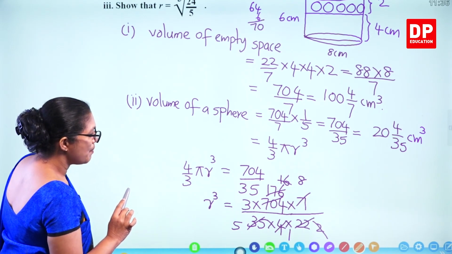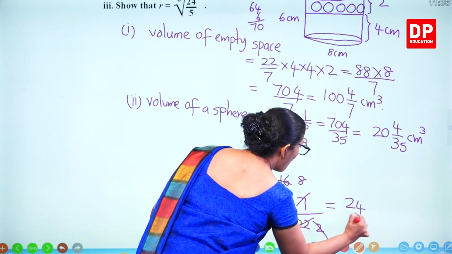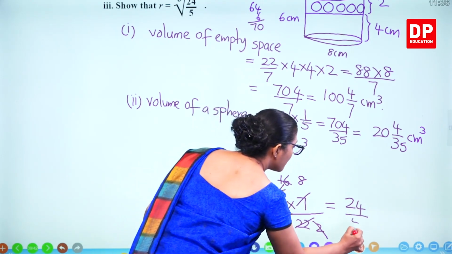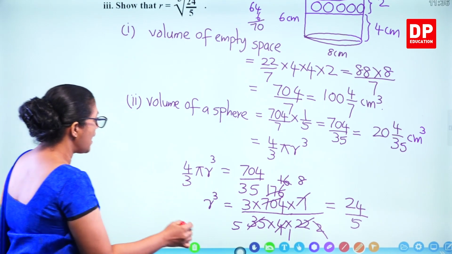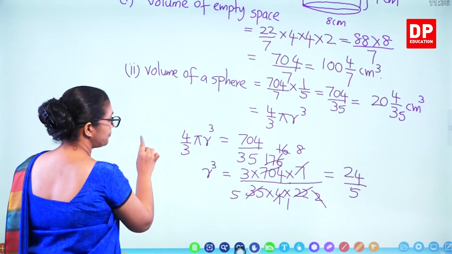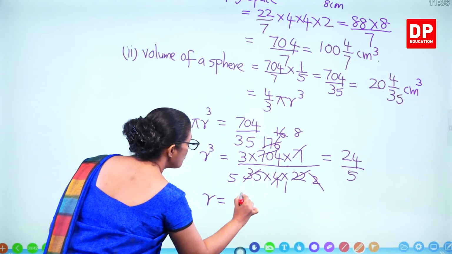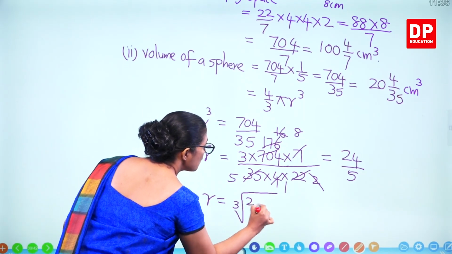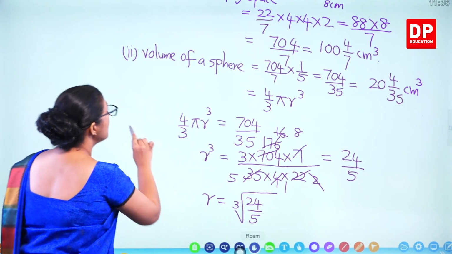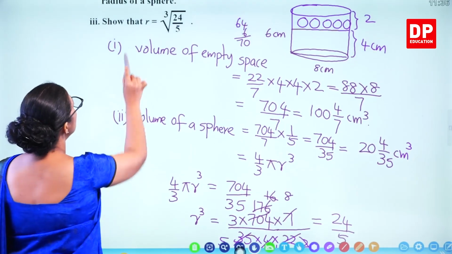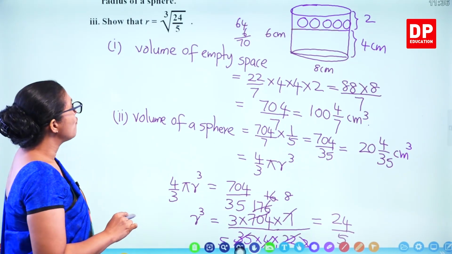Now, what are the remaining ones? We get 8 times 3, 24 and 5. So, R cube is 24 over 5. So, what is R? That's what we need. R is cube root of 24 over 5. So, that's this value. So, R is cube root of 24 over 5.